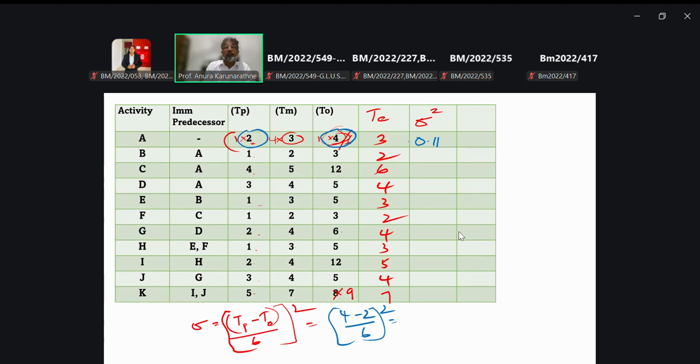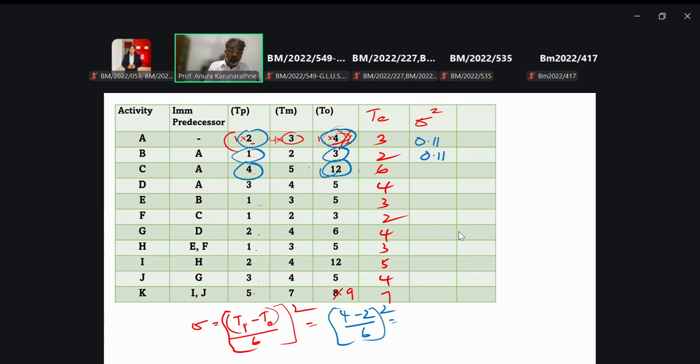Take the square of it. So again, your answer is 0.11. Next one, 3 minus 1, that is 2. 2 over 6, then take the square of it. Again, the same answer, 0.11. 12 minus 4, that is 8. 8 divided by 6.